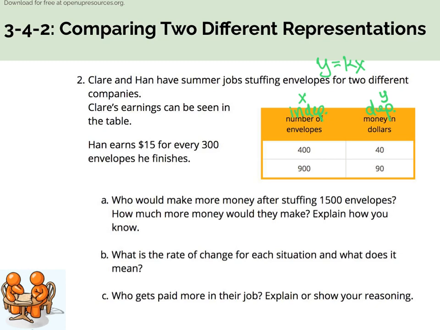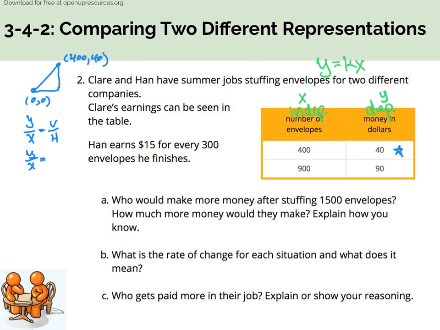So let's look through it. Claire is the table. Remember yesterday we would pick a point, and I'm going to do Claire as blue. So we're going to take this point, and remember how we did y over x equals vertical over horizontal. Same thing. Remember, this is a proportional relationship. It always starts at 0, 0, and then our point is 400, 40. So let's fill in the equation. So we have y over x. Our vertical, if we look at this triangle, is going to be 40.